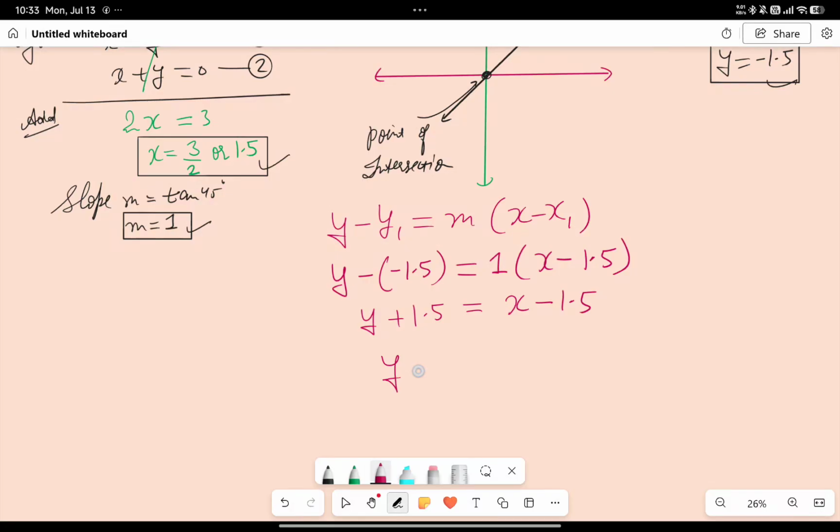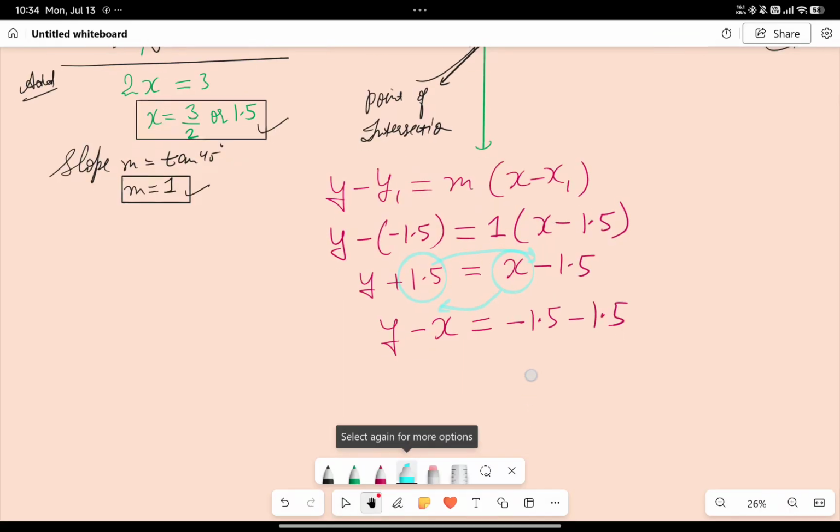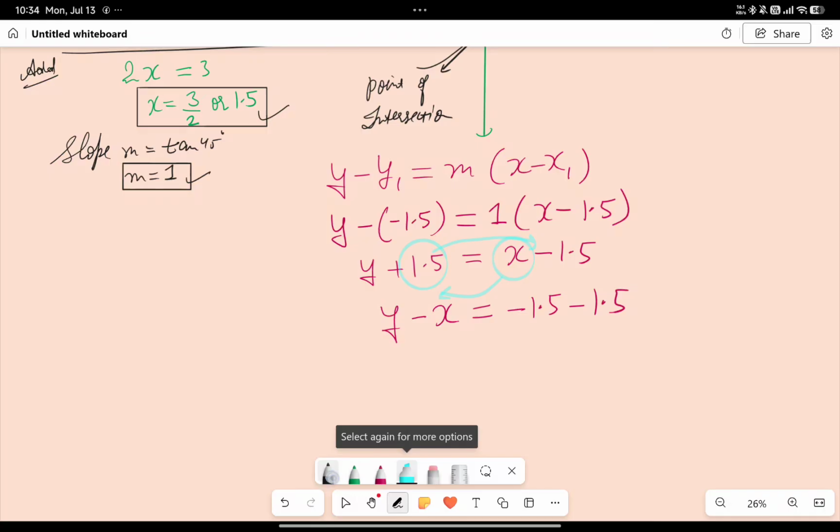Now transposing them, y minus x is equal to minus 1.5 and again minus 1.5. Why? Because this term has been shifted to the other side and this x has been shifted to the other side, so their signs will interchange.